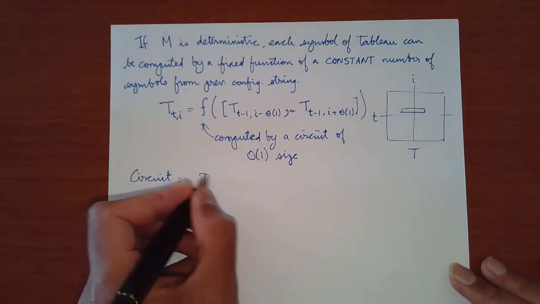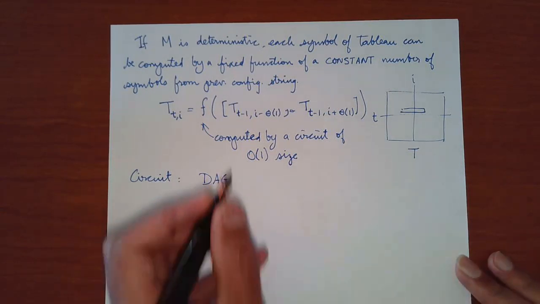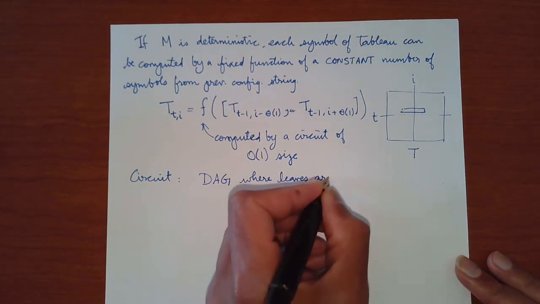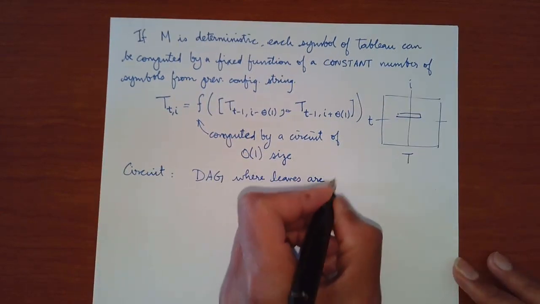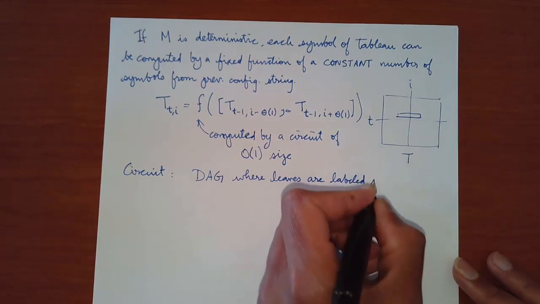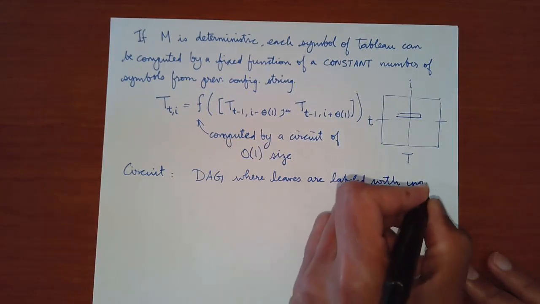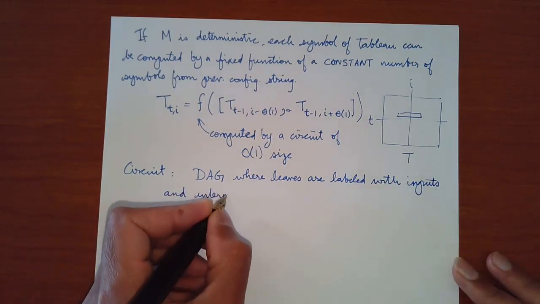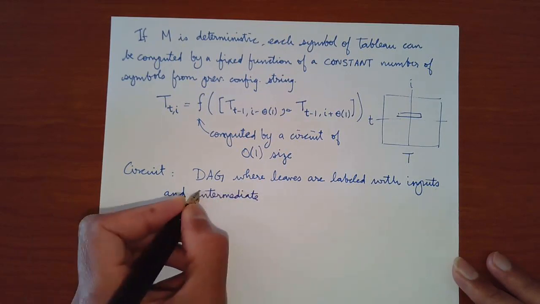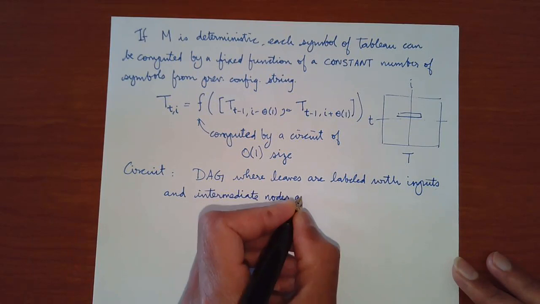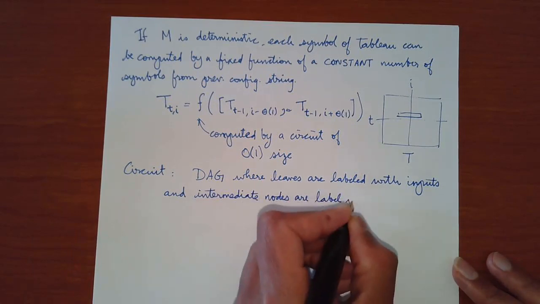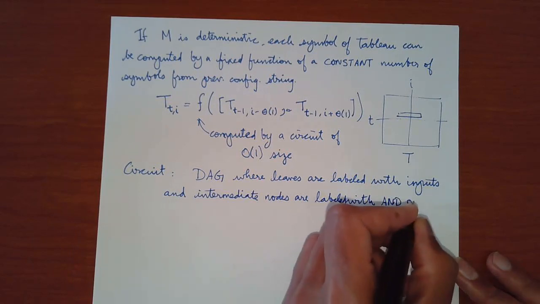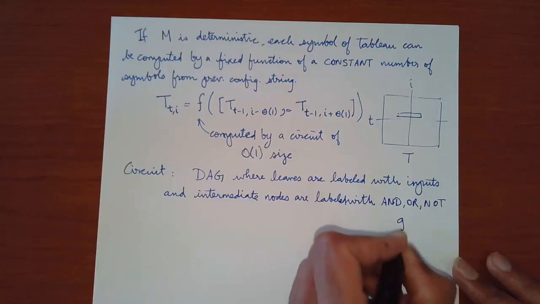So a circuit is a DAG where leaves are labeled with the inputs, and intermediate nodes are labeled with AND or NOT gates.